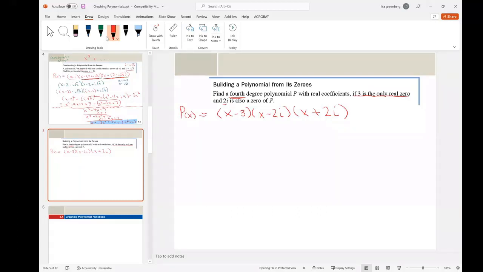Well, remember that complex zeros always come in pairs. So I can't just make one of these squared, because I'd have to make both of them squared. But we don't have a rule like that for real zeros. So since 3 is my only real zero, I can just square it, make it a multiplicity of 2. And now when I multiply this together, I'm going to get a 4th degree polynomial.